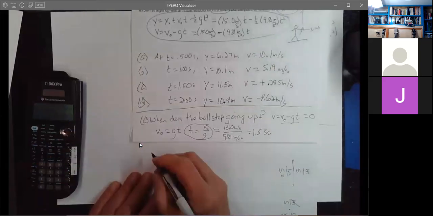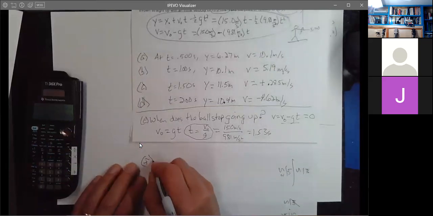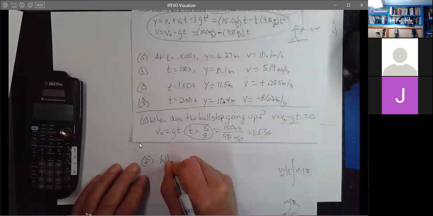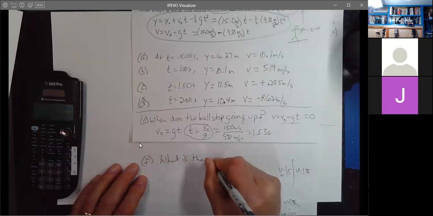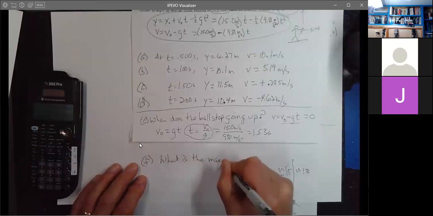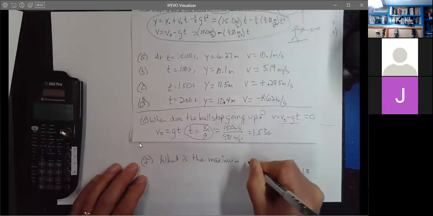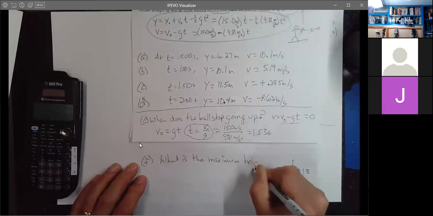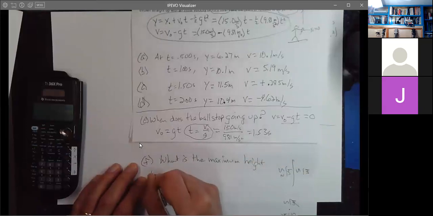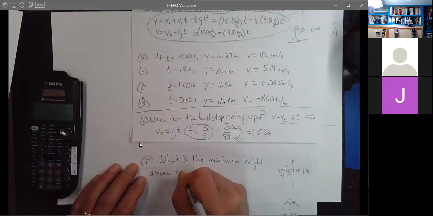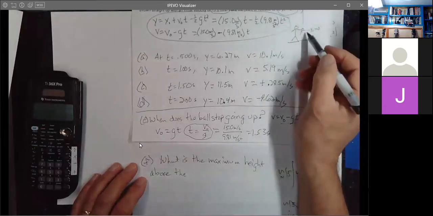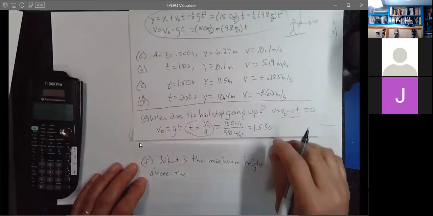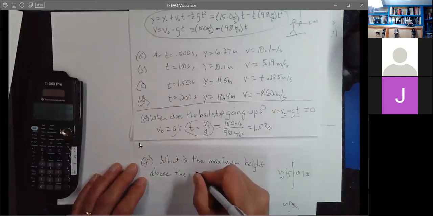This is part F. What is the maximum height above the launch point, which is the person's hand? We don't know how high the person's hand is above the ground, but everything is in relation to the launch point.